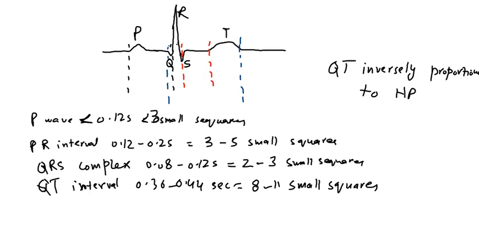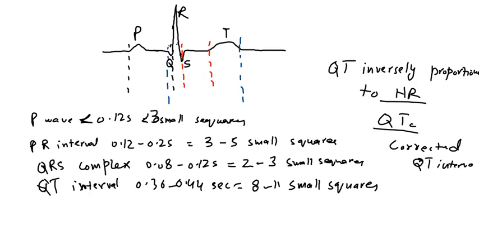QT is inversely proportional to heart rate. That's why we measure QTc, the corrected QT interval. There are a lot of formulas which you can search on the internet, because we have to correlate the QT interval with the heart rate. So these are the ECG measurements which are essential for correctly interpreting the ECG.